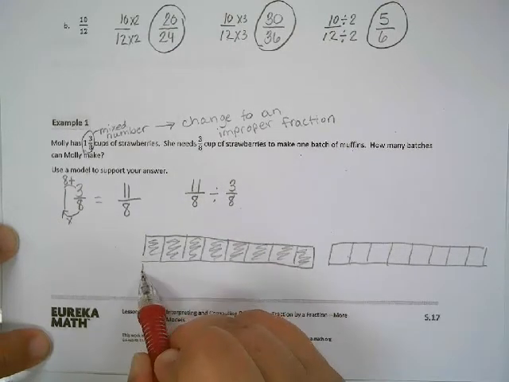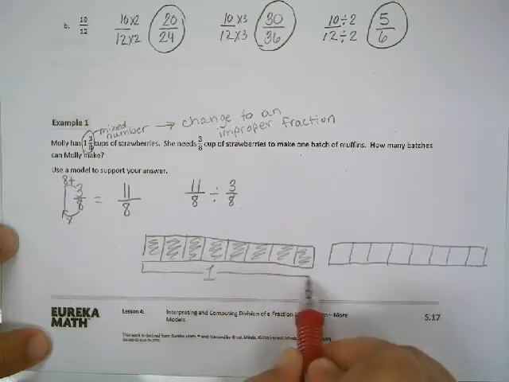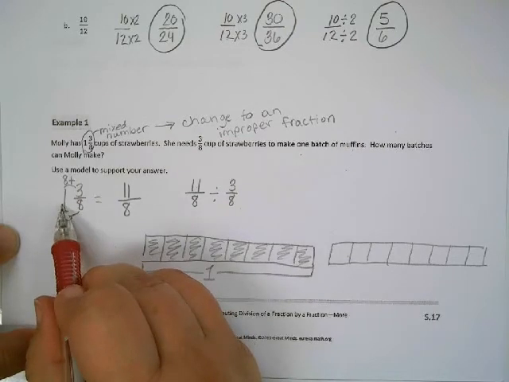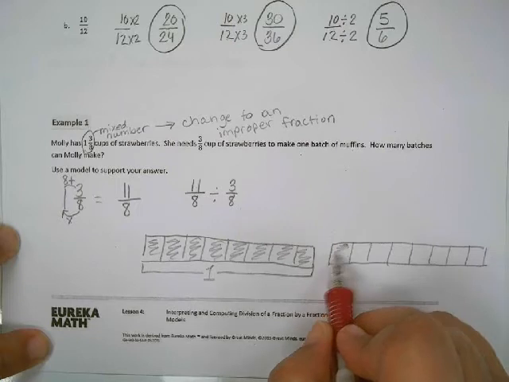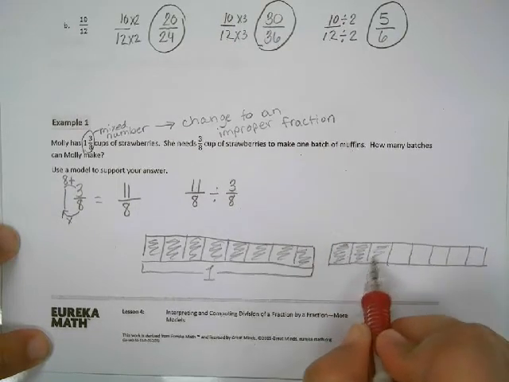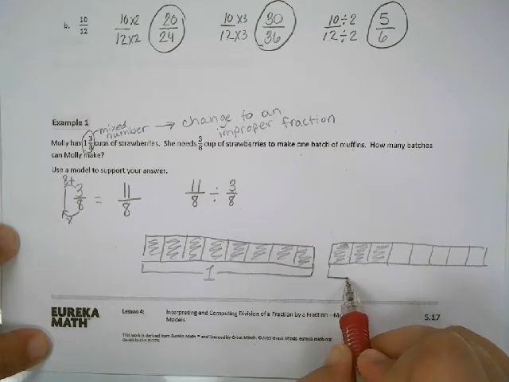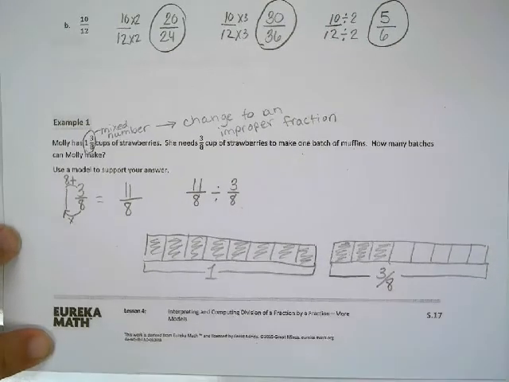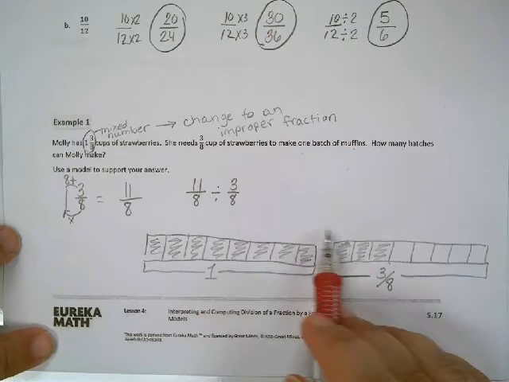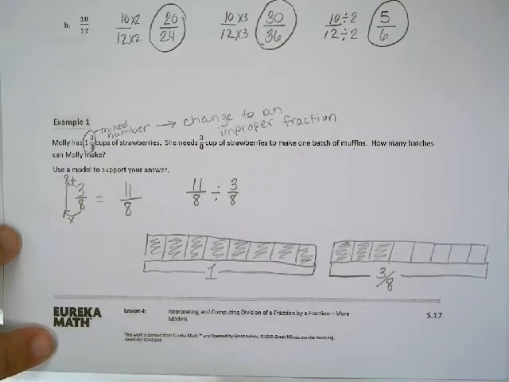So this represents my 1, my whole number from my original fraction there. And then 1, 2, 3 more. This represents my 3/8. So I have 11/8 colored in total.